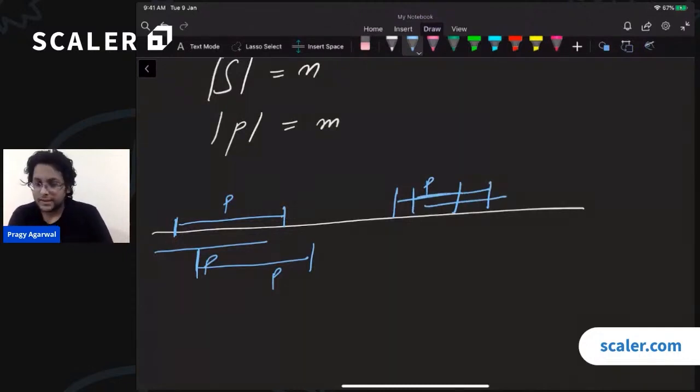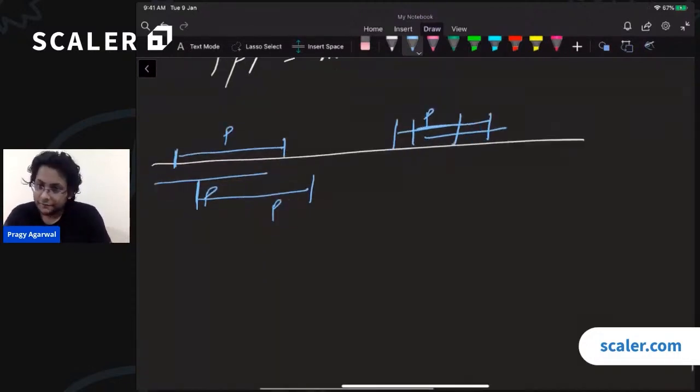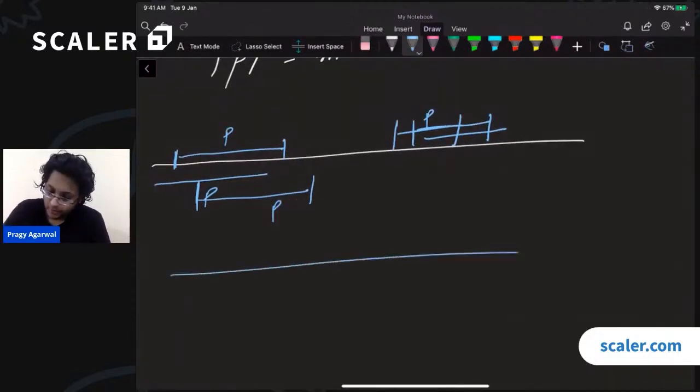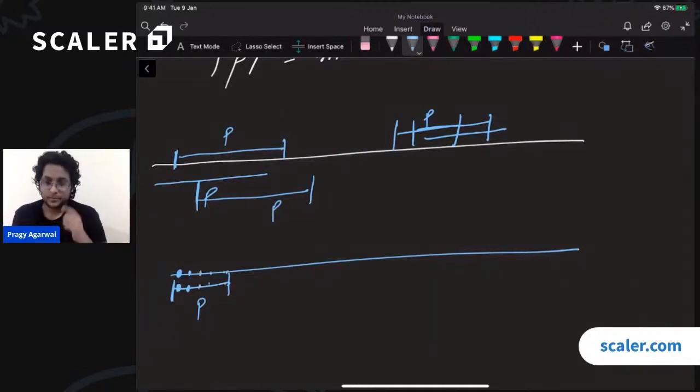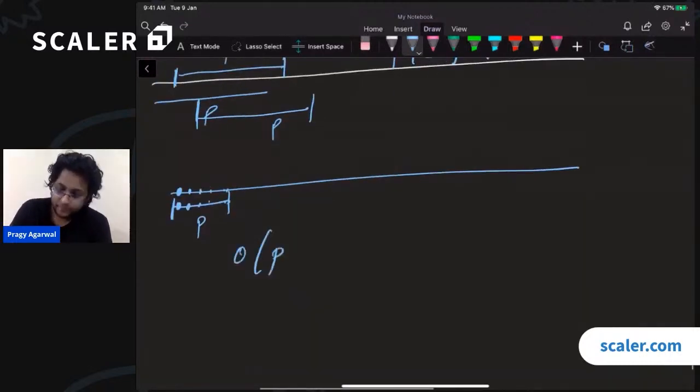So how much time will this take? Well, let us look at the first window. We are currently matching this particular portion of size P, so we will have to verify each of these characters: that this matches this, this matches this, and so on till the end. So each check will take us order of P time. And how many checks do we have to perform?